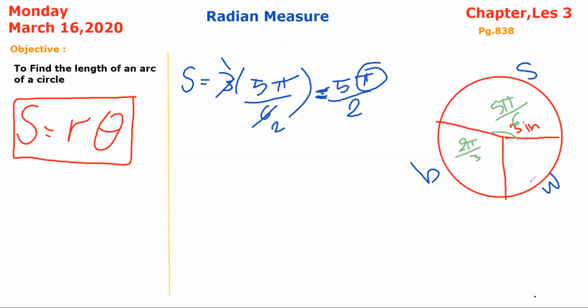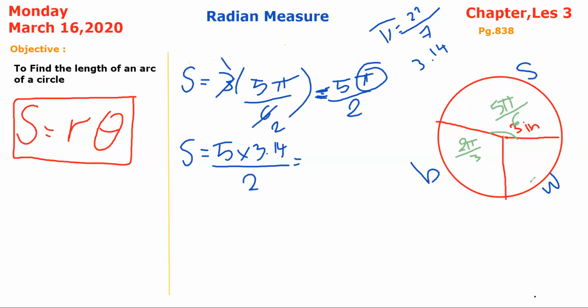I will use pi equal to 22 over 7, or 3.14, which we use in the circumference or the area of a circle. So S will be 5 times 3.14 over 2, which is approximately 7.9 inches. So the length of arc S is 7.9 inches.